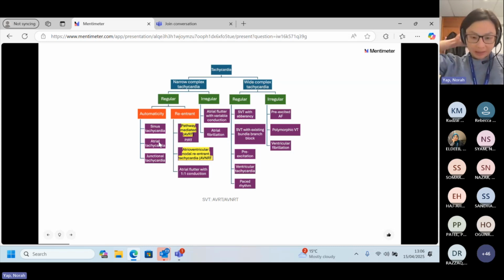So just to make clear, when we are talking about SVT, we are talking about AVRT, which is pathway mediated, or AVNRT, where there is a reentrant circuit in or around the node itself. I'm not going to go through all of these. You can have these slides if you want, and you can study them after. But essentially, when you're seeing a patient, break it down into, is it narrow or wide complex, and then look at the rhythm. Is it regular or irregular?